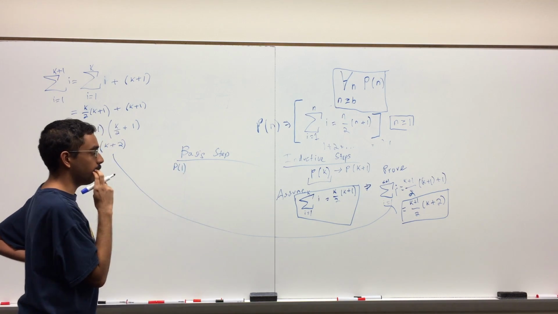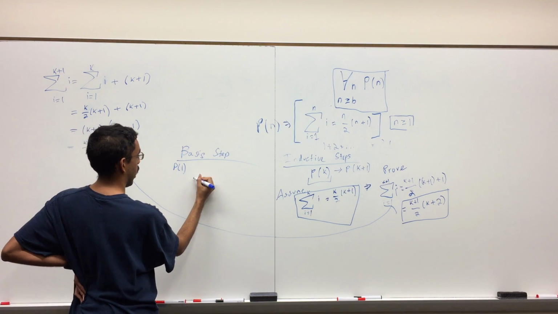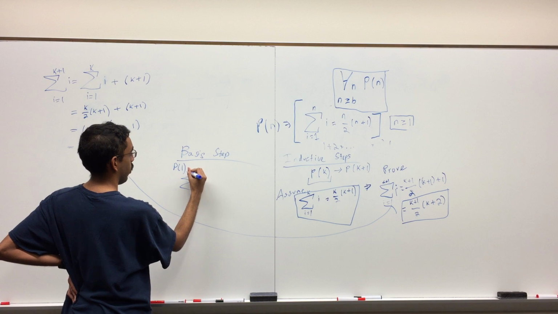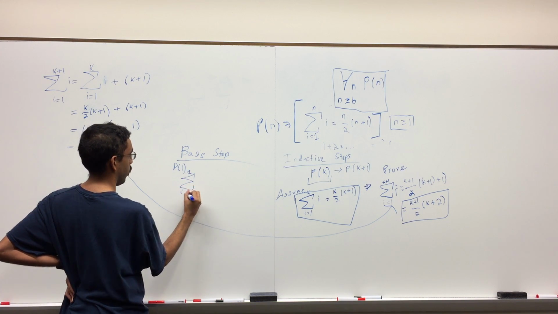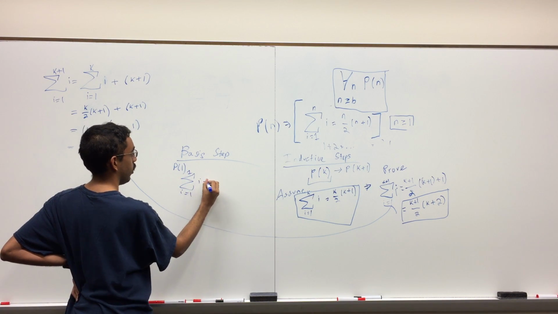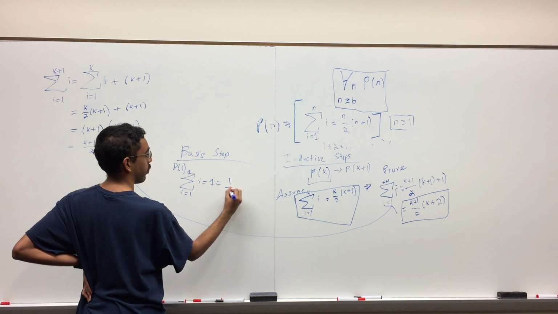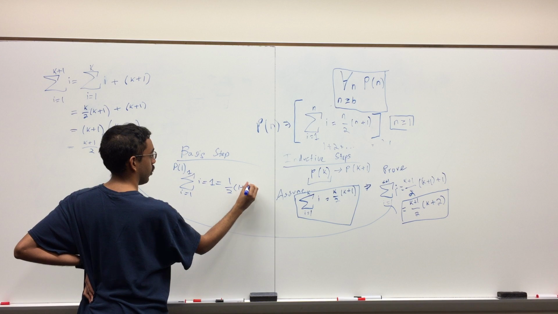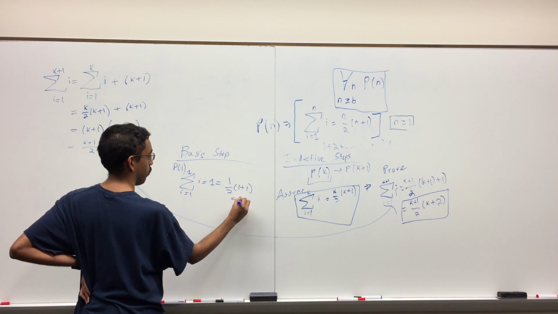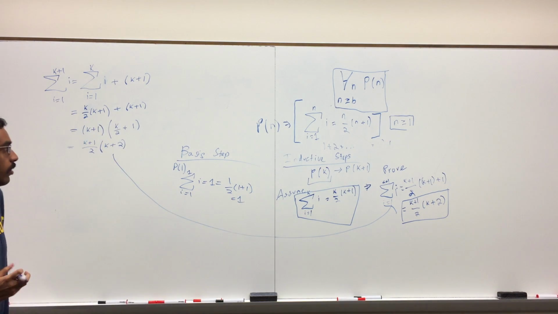We proved that P of 1 was true by showing that the summation from i equals 1 to 1 of i is equal to 1, which is equal to 1 over 2 times 1 plus 1, which equals 1. So this concludes our proof by induction.